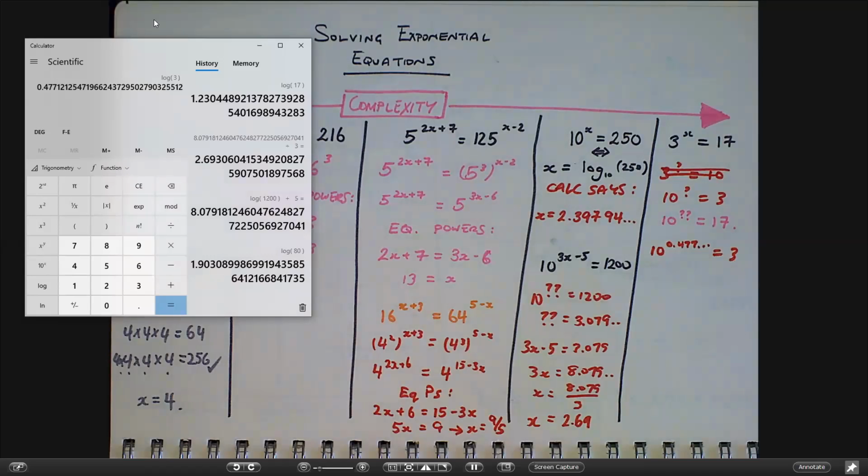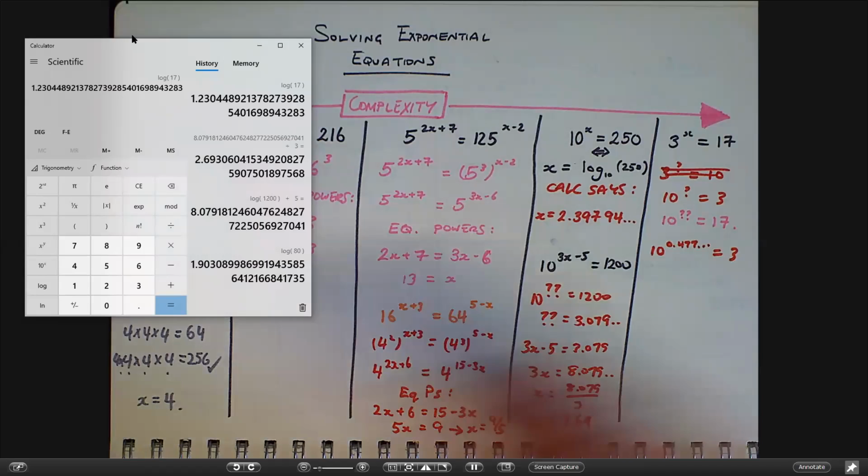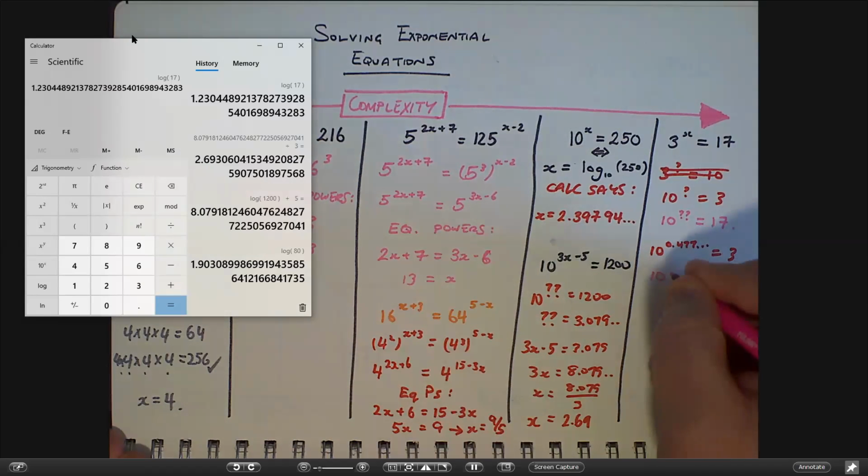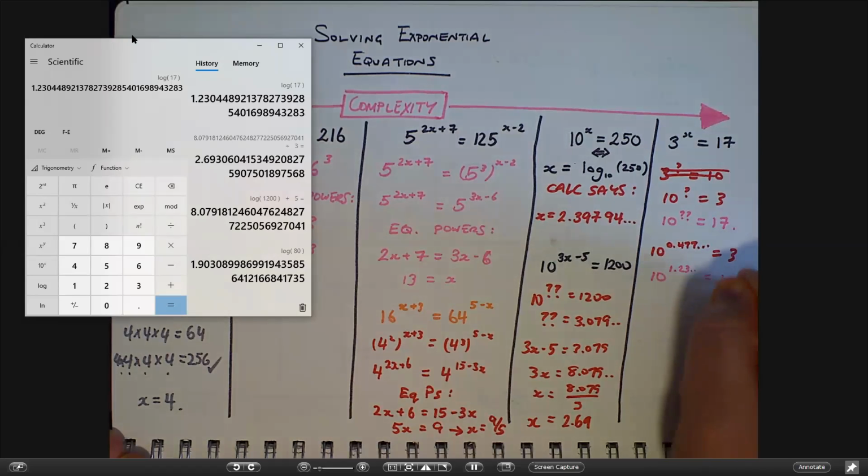And we can also take the log of 17 to find out what this question mark is. So we're going to go 17 log, and we get 1.23. So we go 10 to the power of 1.23 equals 17.